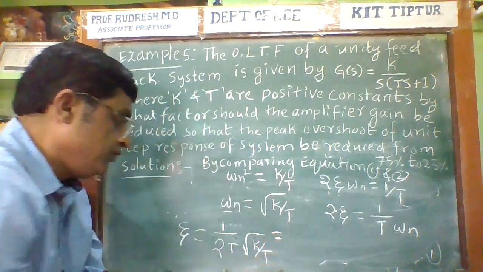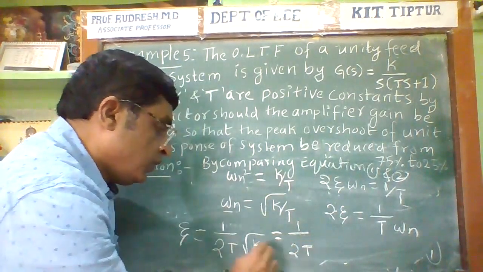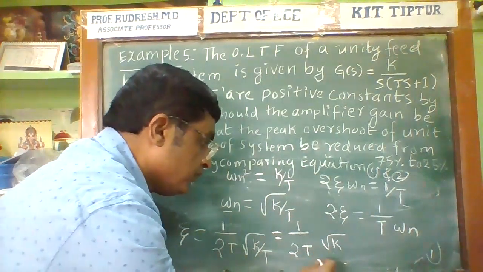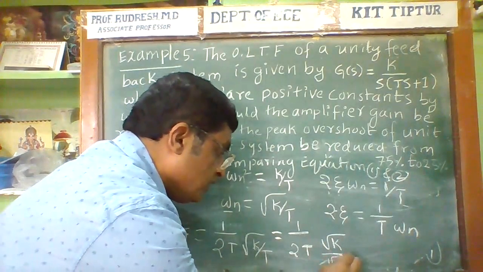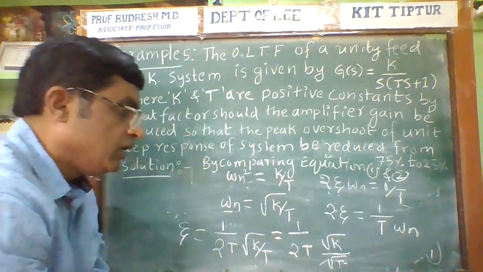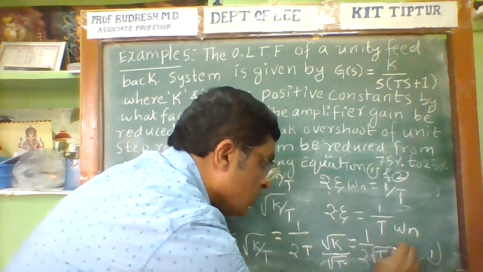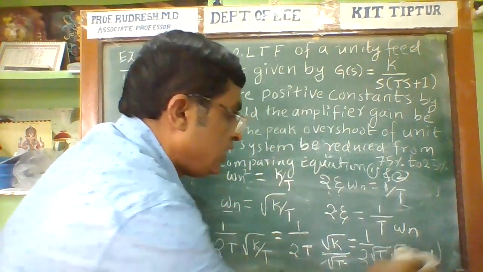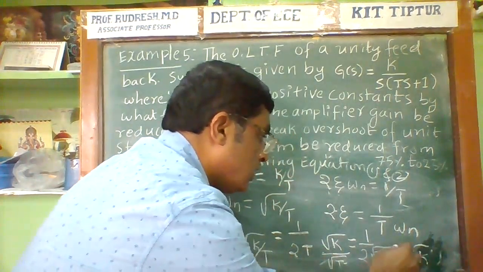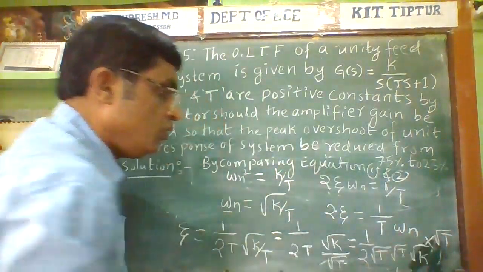Now this can be written as 2 into T. Now this can be written as square root of T, square root of K divided by square root of T. This T can be written as square root of T into square root of T. This term goes to the numerator.